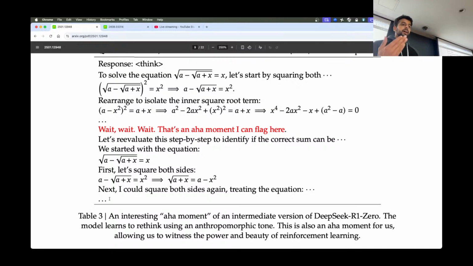Some properties of these reasoning traces that people like to see are backtracking, explaining what it thinks it's doing, and structured planning: here are the steps I'm going to take to solve the problem.